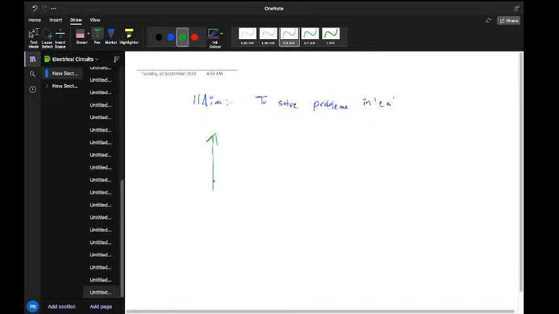I've given a current-time graph. There's a current-time graph out here, and it's a straight line.